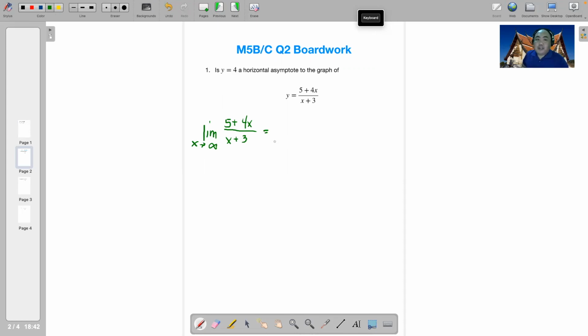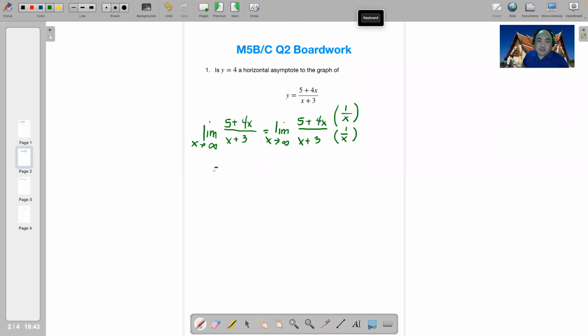Now, to check the limit at infinity, we ask ourselves, what is the largest exponent with respect to x? In this case, x. So we multiply the fraction with the factor 1 over x, all over x plus 3 times 1 over x, as x approaches infinity.